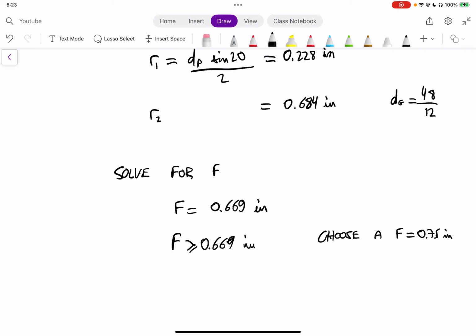So you always want to be under by a little bit, and you can add a safety factor if you want to, but choosing a face width that is more of a round number or 3/4 of an inch would make a lot of sense in terms of standards and all that stuff.